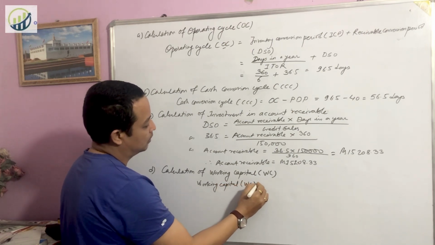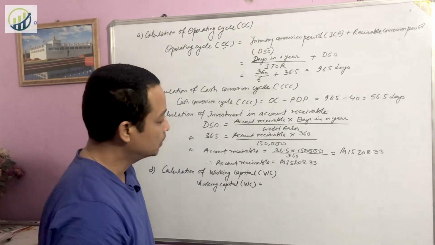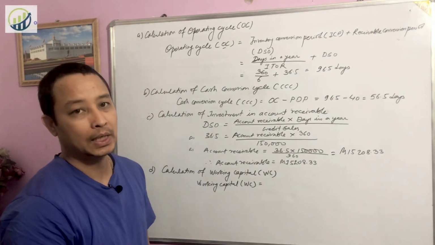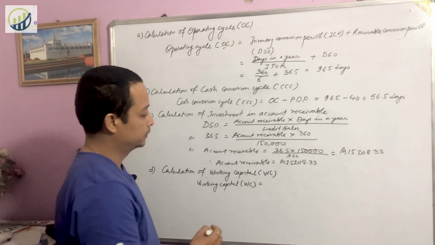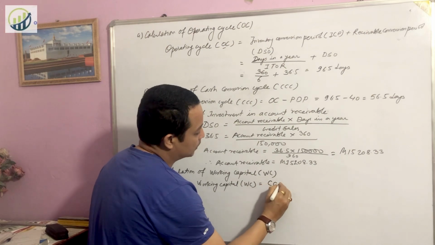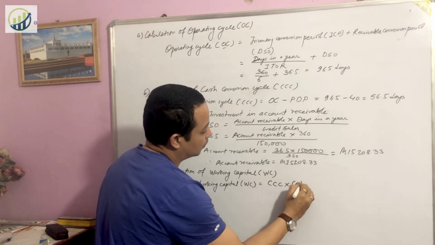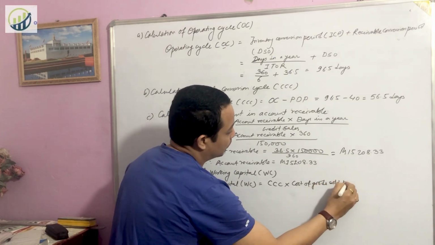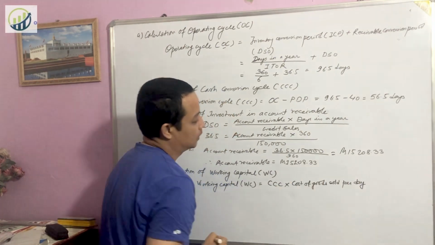To find the working capital, you have to use the cash conversion cycle and cost of goods sold per day. So cash conversion cycle into cost of goods sold per day.